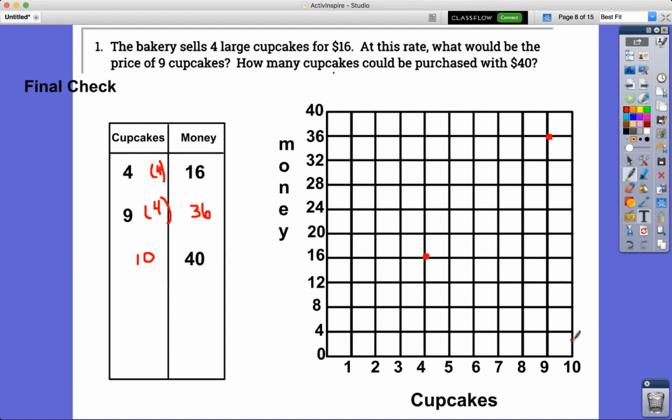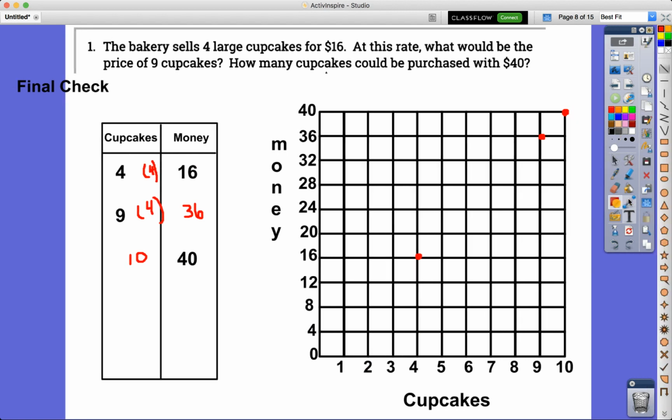When I have 10 cupcakes, I pay $40. I'm going to, again, draw my line, and sure enough, there is another linear equation.